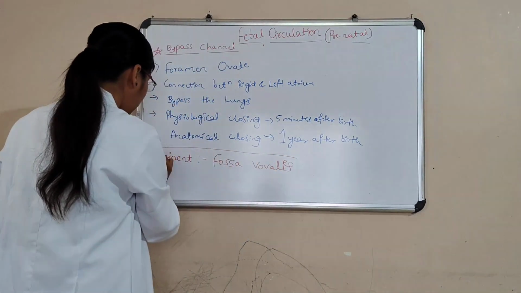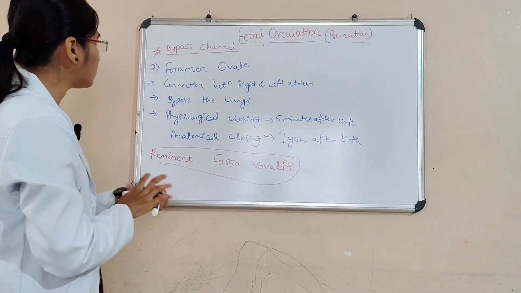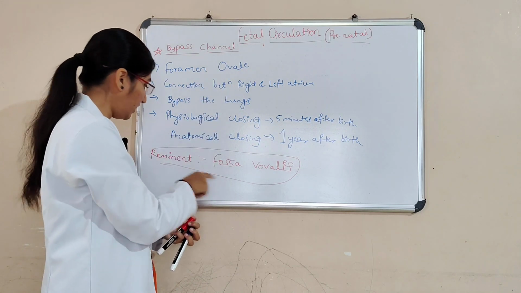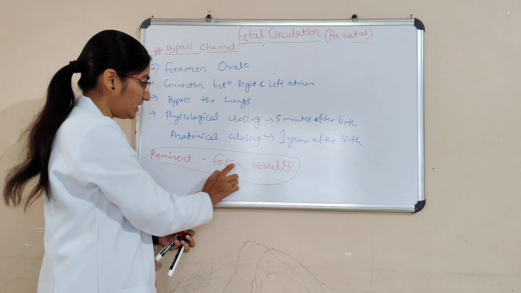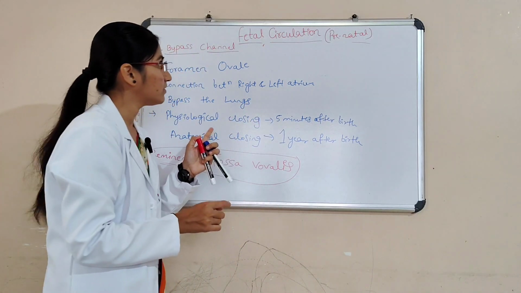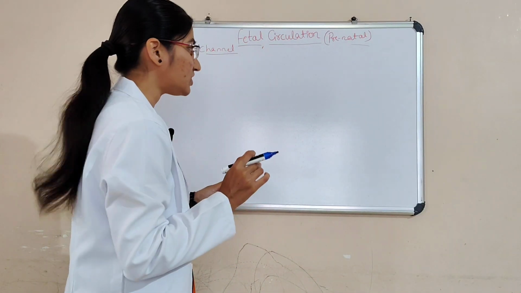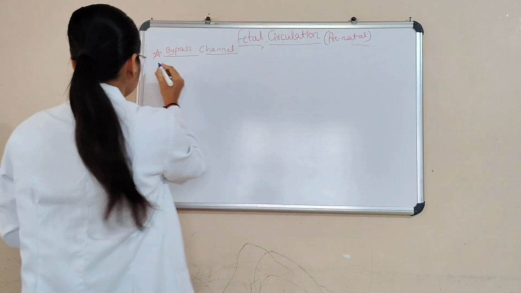After closing the foramen ovale, what is going to remain? That is called the remnant. Remnant is fossa ovalis. This is the second bypass channel in the fetal circulation. And then we'll see the third bypass channel, that is the ductus arteriosus.